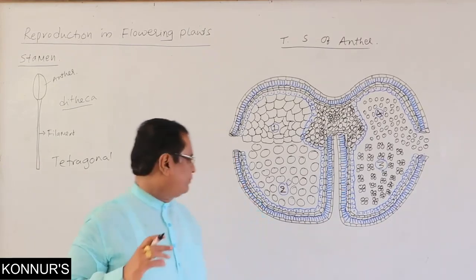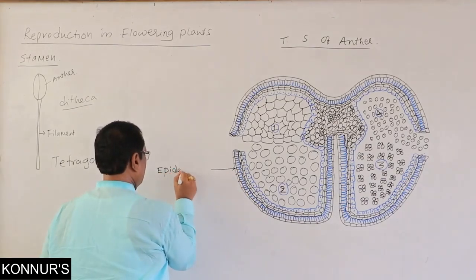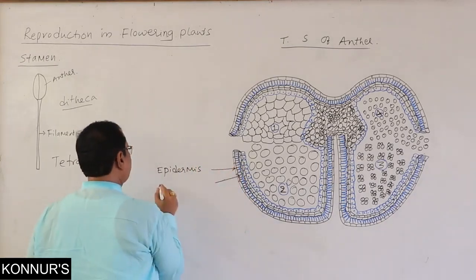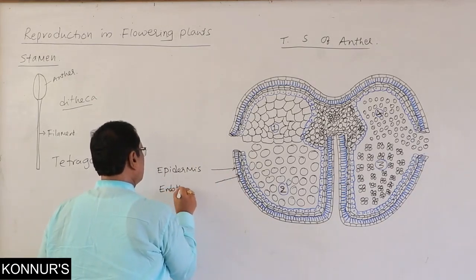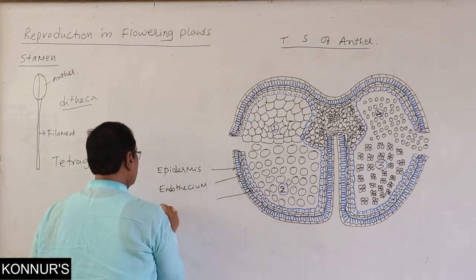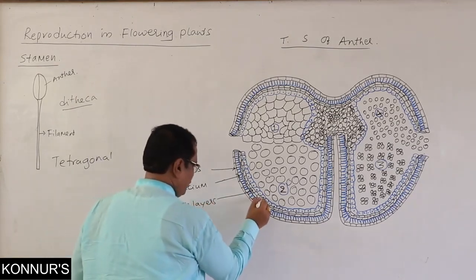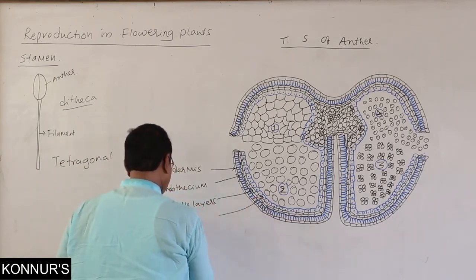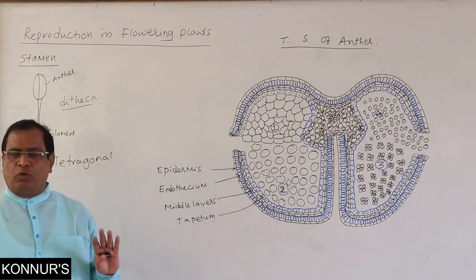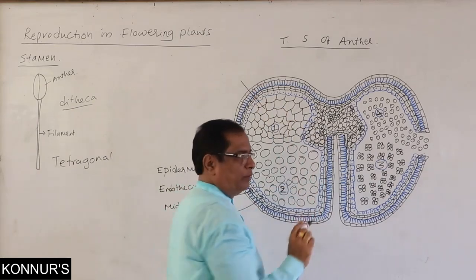Those four layers of cells are the outermost epidermis, next the endothecium, then two to three layered middle layers, and innermost the tapetum. Singular is microsporangium and plural is microsporangia.